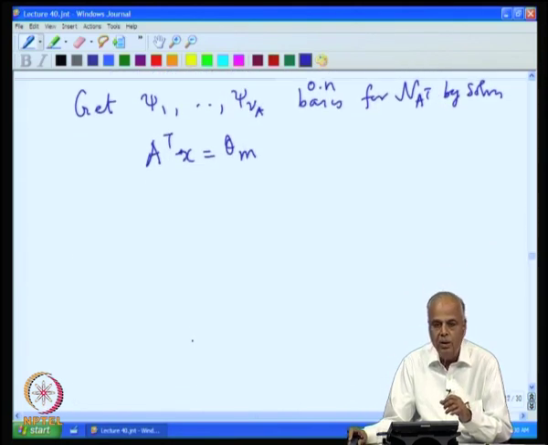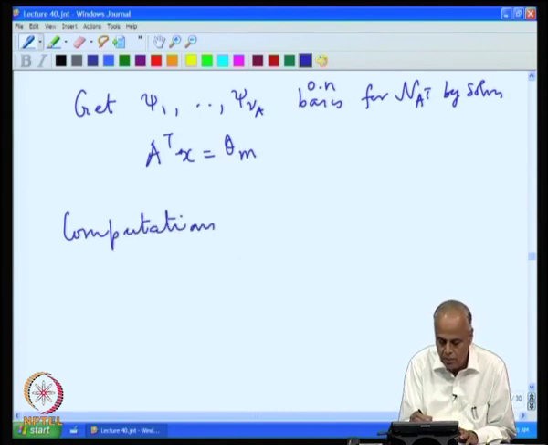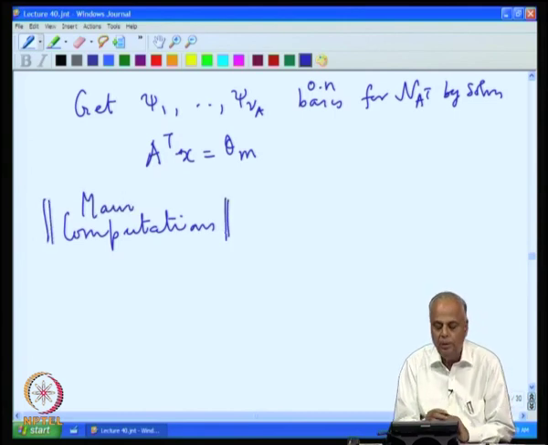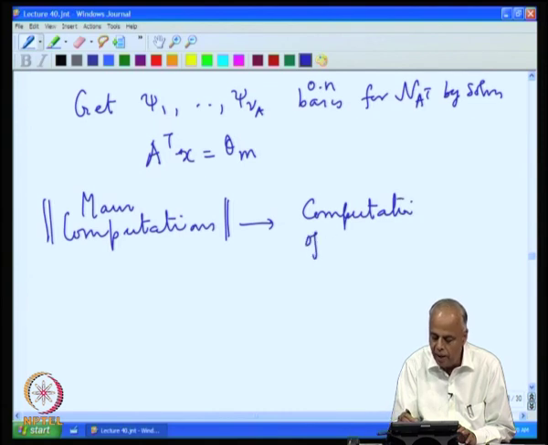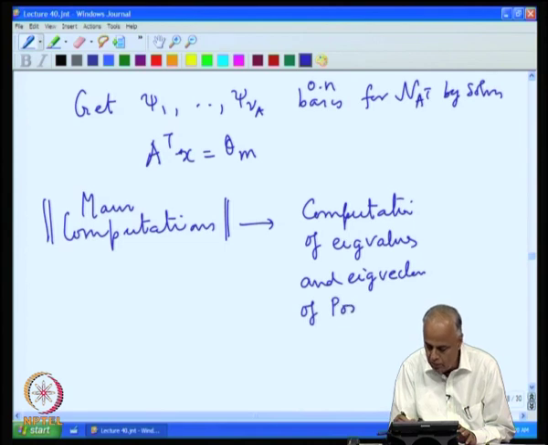So, when we learn computations, the main algorithms that would come into the picture are the computation of eigenvalues and eigenvectors of positive semi definite matrices.